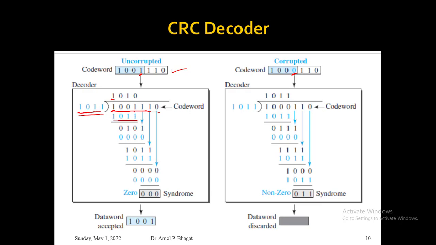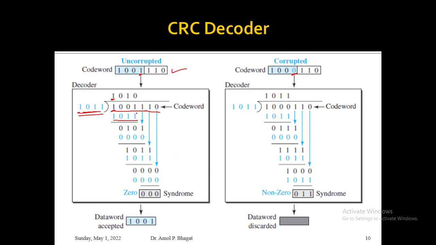Similarly, the XOR operation is performed again: 1 XOR 1 is 0, 0 XOR 1, 0 XOR 0 will be 0. These bits are discarded, and the remaining bits in the code word are taken below to complete the division operation.